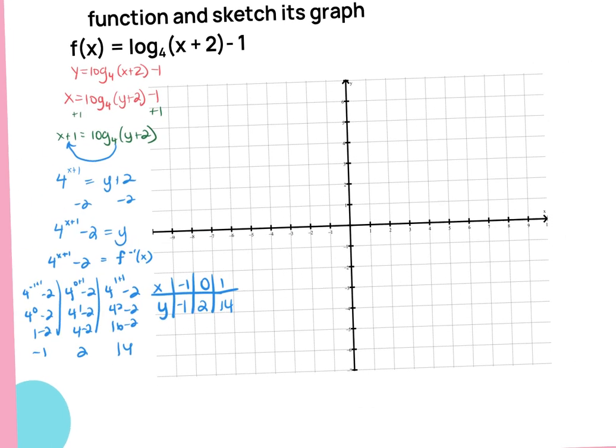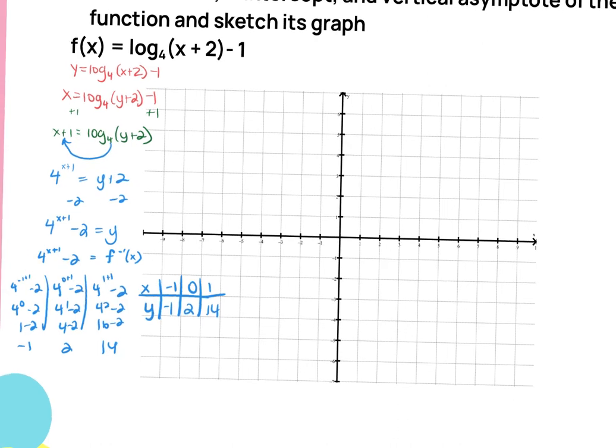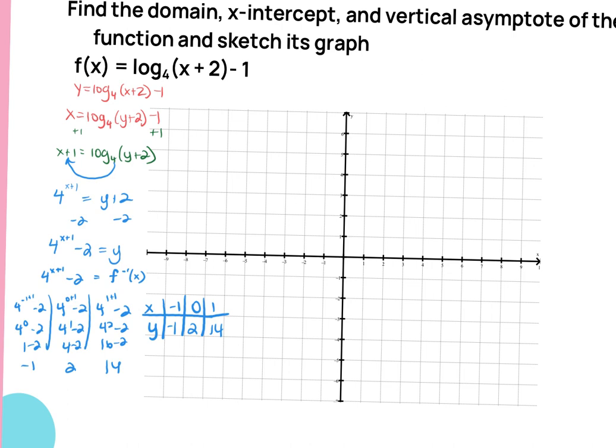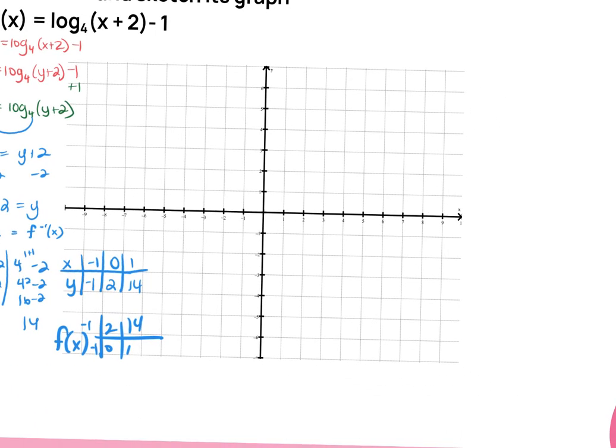Now I'm going to plot these. These are the points of the inverse, so when I plot the original, I have to switch them. So the actual function would be negative 1, 2, 0, 14, 1.